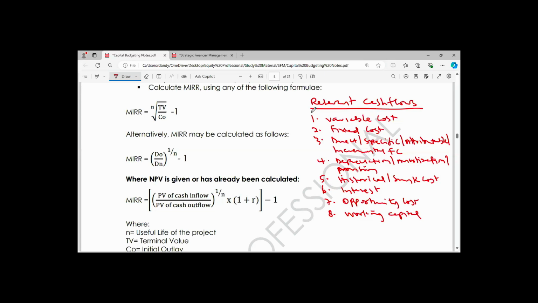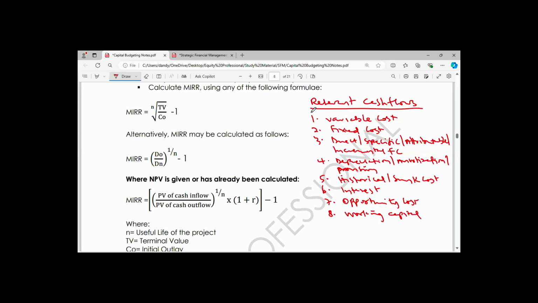Another way the examiner can test fixed cost is that the examiner may tell you fixed cost, including depreciation. If you are given a fixed cost that includes depreciation, the examiner wants you to do something. Therefore, you need to go ahead and calculate annual depreciation. You less it from the fixed cost. Whatever you have thereafter represents a relevant fixed cost that you are going to use.